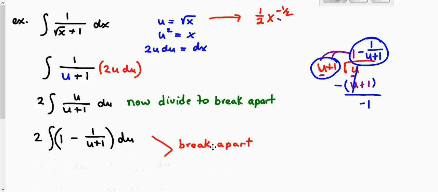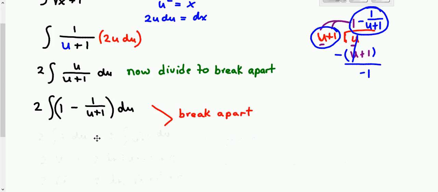Now we break this apart into two different integrals. So we're going to have 2 times, both of them get a 2, so be careful there when we split this apart. 2 times the integral of 1 du minus 2 times the integral of 1 over u plus 1 du.